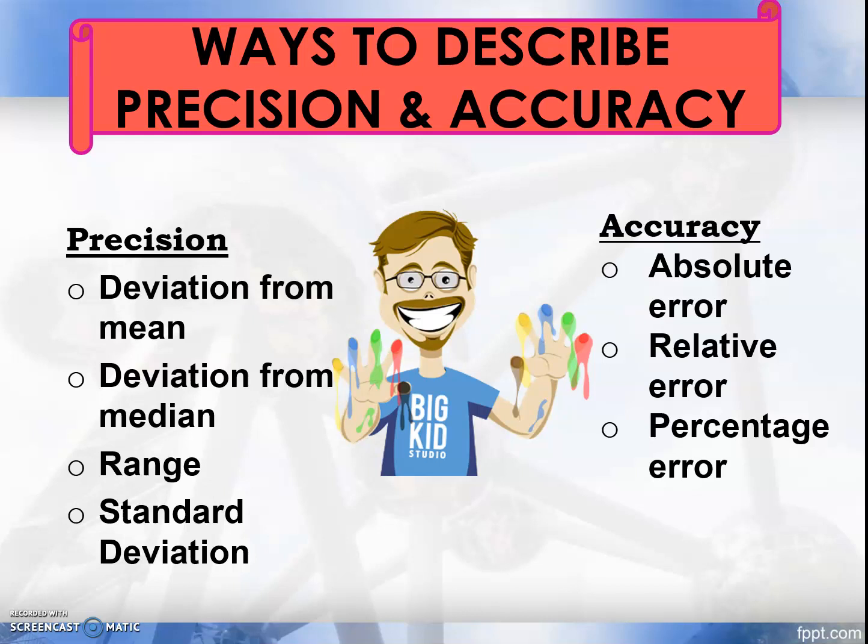If the deviation value is low, then precision is high, which is very good. Accuracy relates to the error formula, meaning how close the measured value is to the standard or true value.